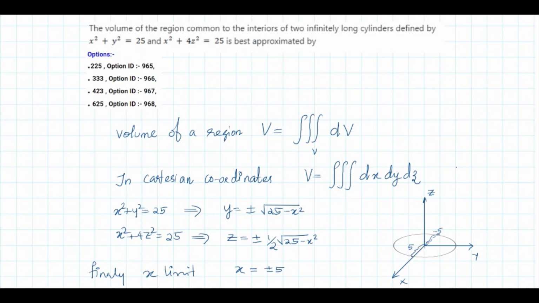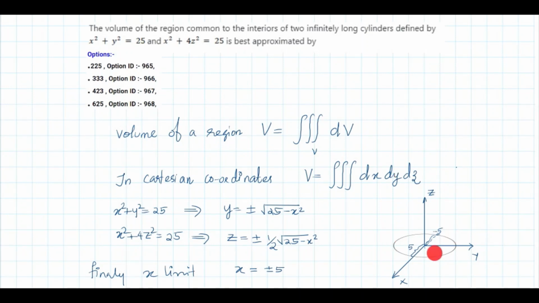X value will vary from minus 5 to plus 5 because this x square plus y square equal to 25 represents a cylinder whose base is a circle of radius 5 in the xy plane and it extends along the z axis up to infinity.